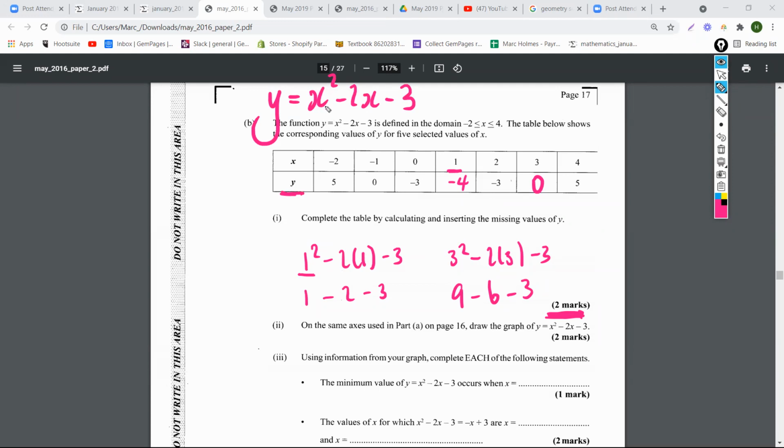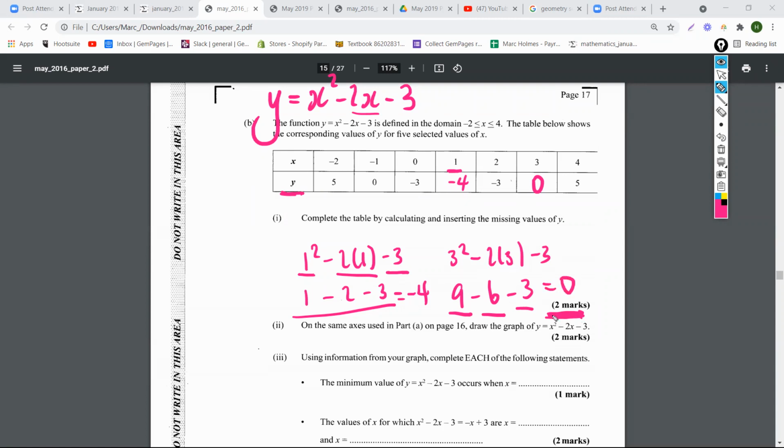So the first one is 1 squared minus 2 times 1 minus 3. And this is going to give you -4. The next one is for the 3. You get 3 squared minus 2 times 3 minus 3. 3 squared is 9. -2 times 3 is -6. Minus 3, and it's going to give you 0. It's so easy.